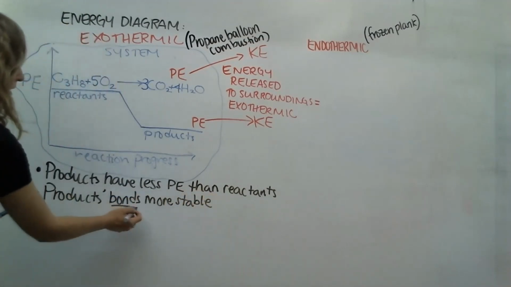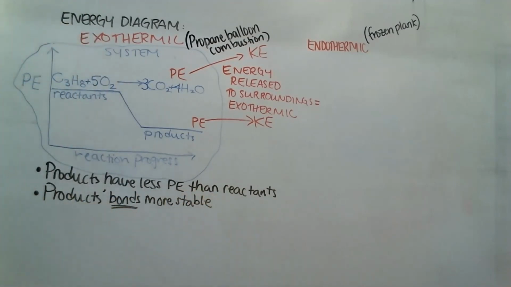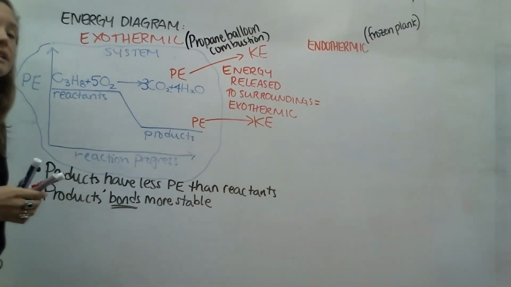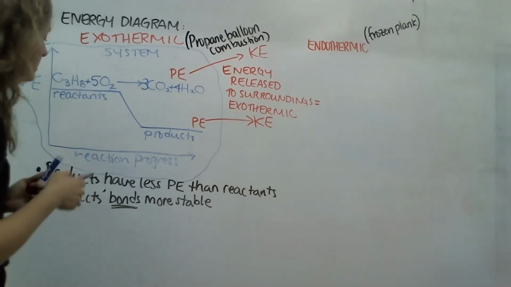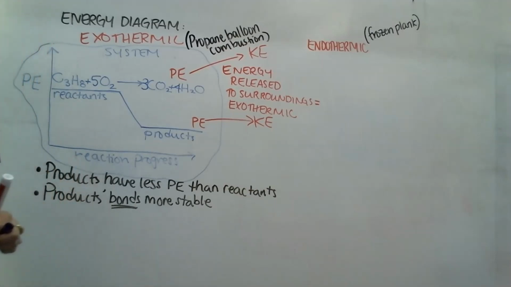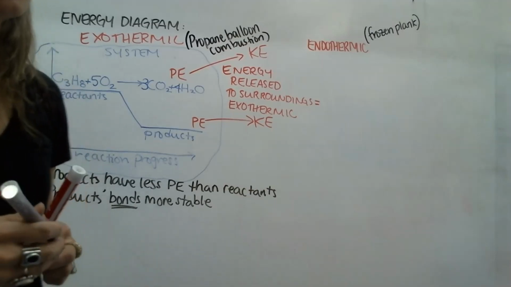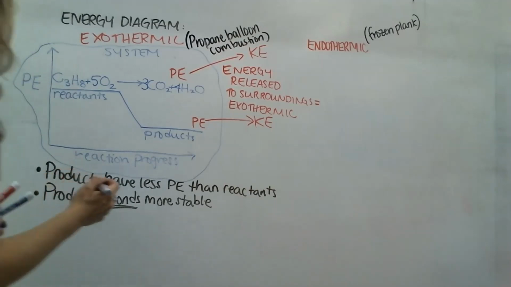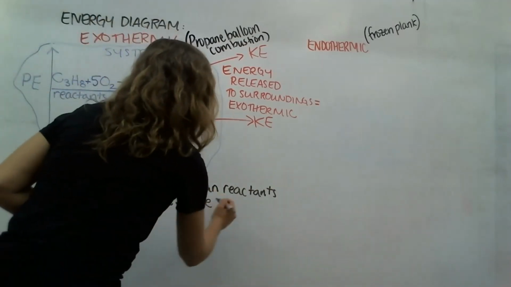So the bonds in the products are more stable than the bonds in the reactants for exothermic. And this also tells us that they're stronger.